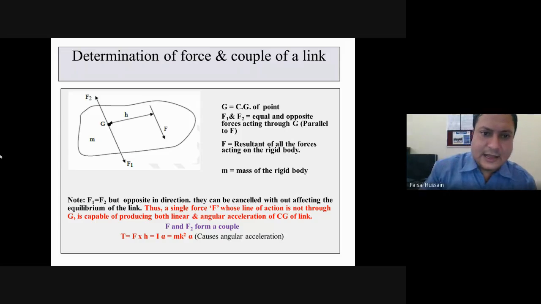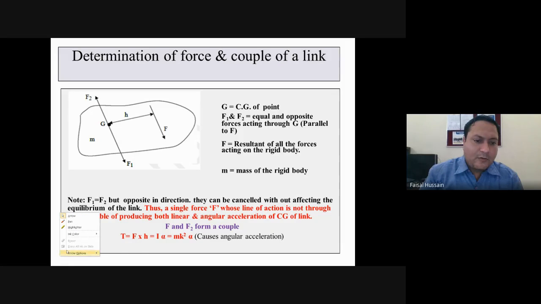Here you can see that there is a rigid body of mass m.